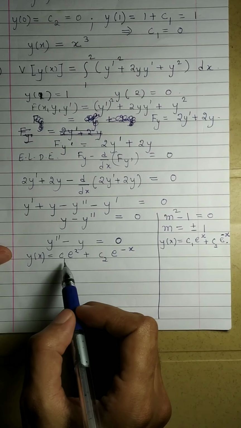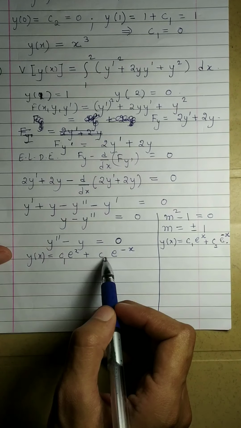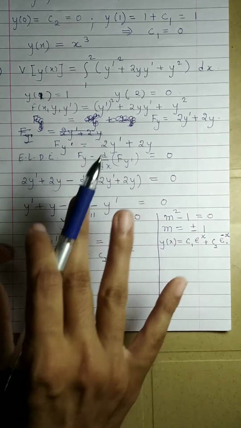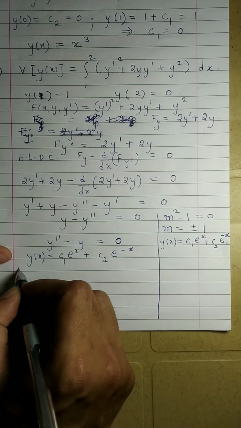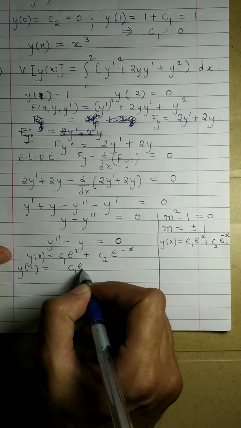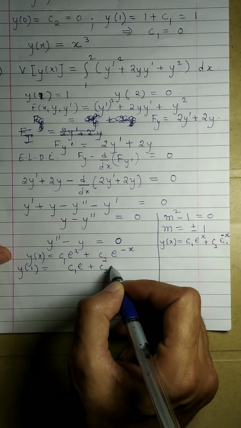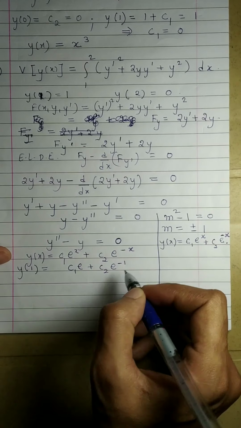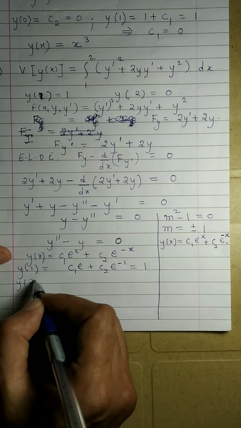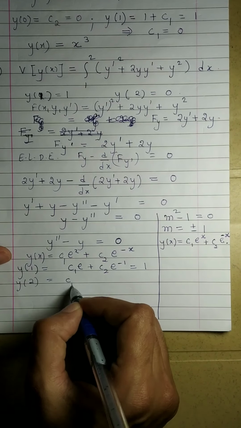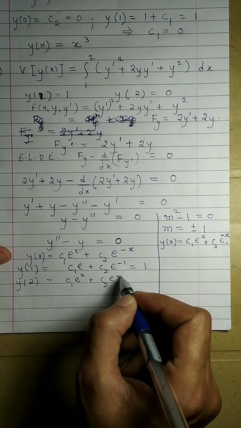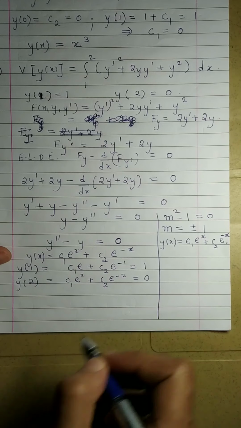So the next thing is we want to determine C1 and C2. We are given the initial conditions, so by using these we will determine C1 and C2. So y at 1 will be equal to C1 e plus C2 e raised to minus 1, which is equal to 1, and y at 2 is equal to C1 e square plus C2 e raised to minus 2, equal to 0.